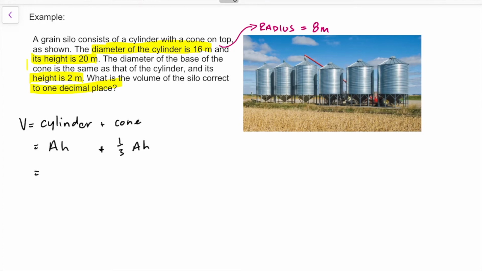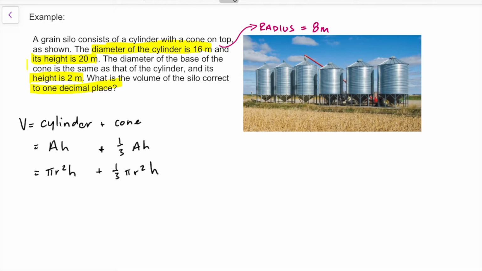The area of that face for the cylinder is a circle. Therefore, we're going to use that circle area, pi r squared, and then the h. And then for the cone we're going to have the area again of that circle, pi r squared, and then another h. So it's only a third of it this time.